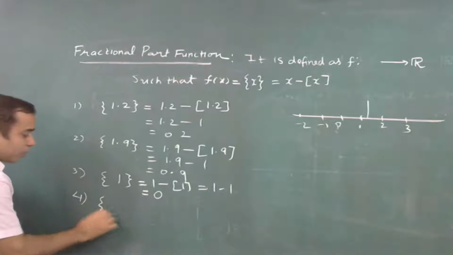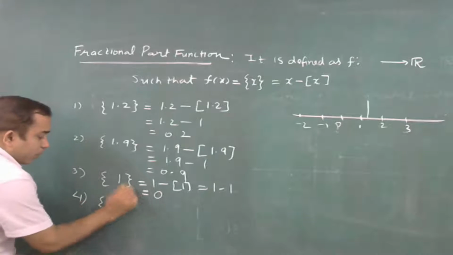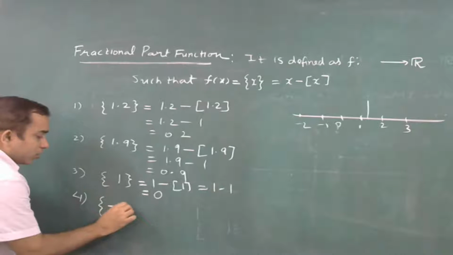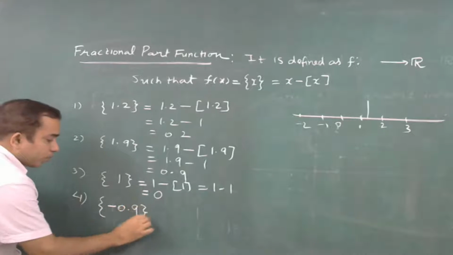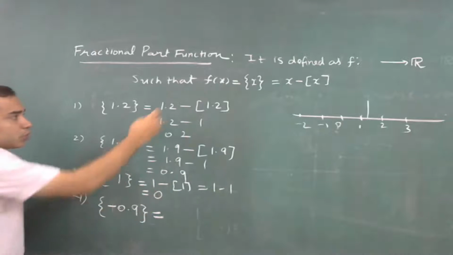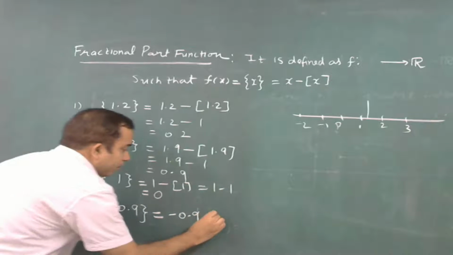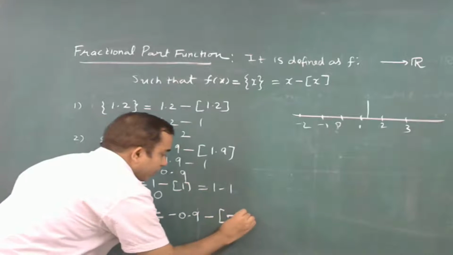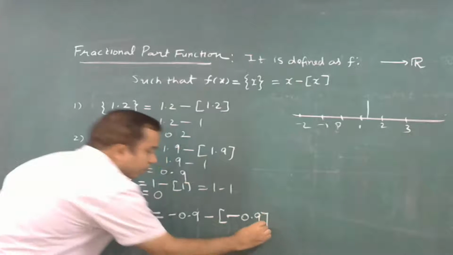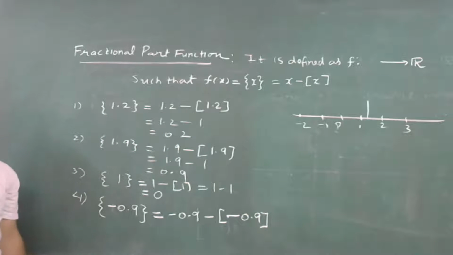ट्राई करता हूँ फ्रैक्शनल पार्ट ऑफ minus 0.9 ले लेता हूँ. So as per this definition, x minus greatest x, it will be minus 0.9 minus greatest integer of minus 0.9, isn't it?